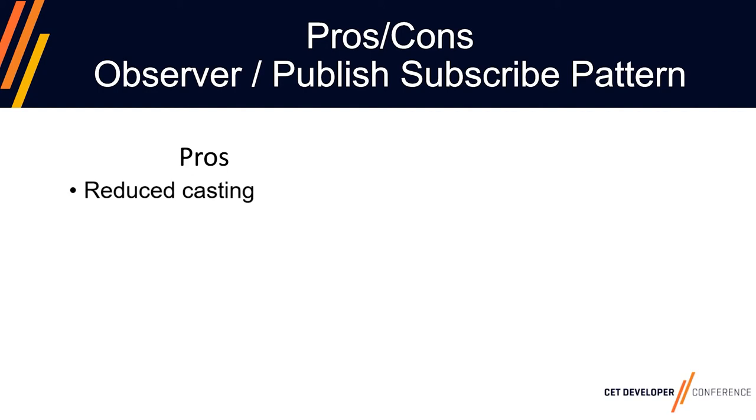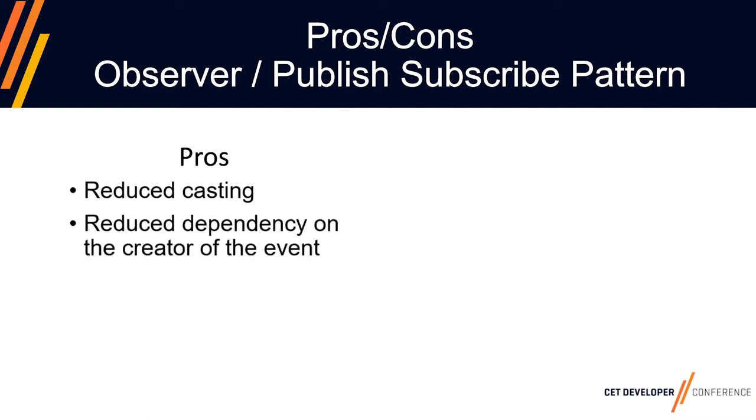So the lounge is blind to the cushions, and the cushions are blind to the lounge, except for that event-based notification system. You also receive reduced dependency on the actual creator. As I mentioned, the cushions were blind, which means they didn't have to depend on whoever owns them to know that they own them and know to set their width.